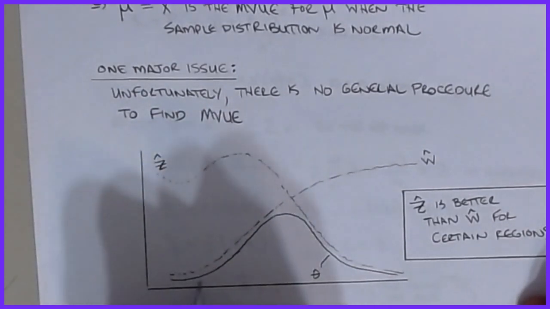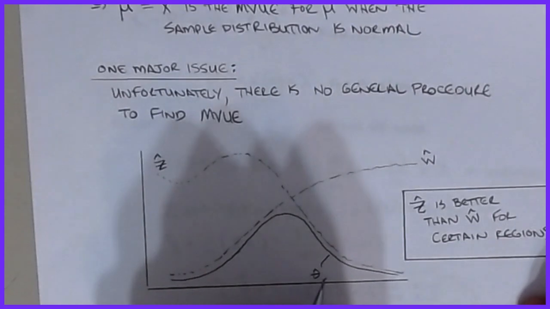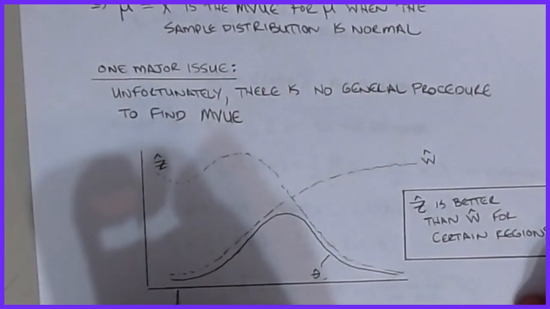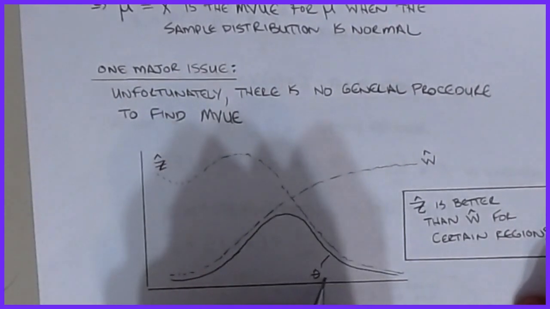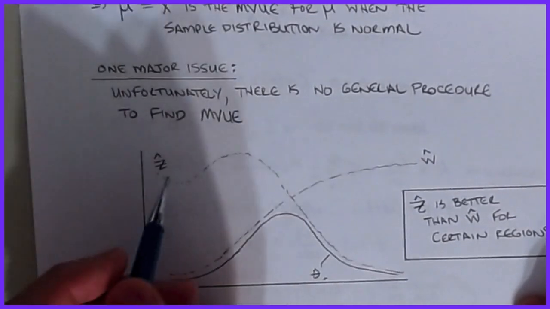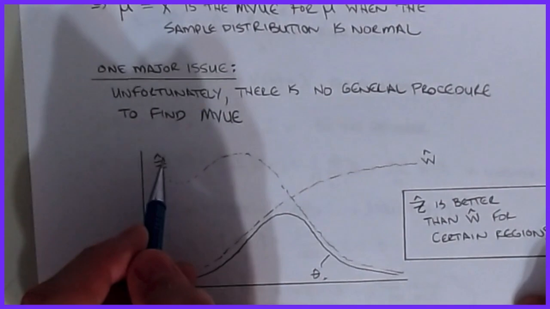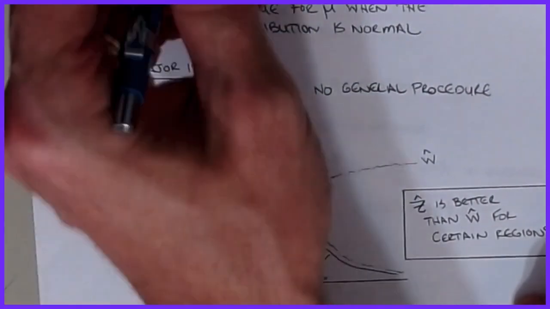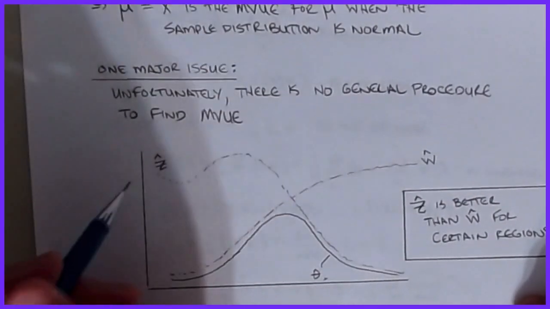Let's suppose I go back to my normal distribution for my point estimator, or in this case my population parameter, the statistic distribution I'm after, my theta. Let's say I have a Z distribution sample. Again, I use Z and W; these aren't necessarily the ones we used up there, I just use the same labels.